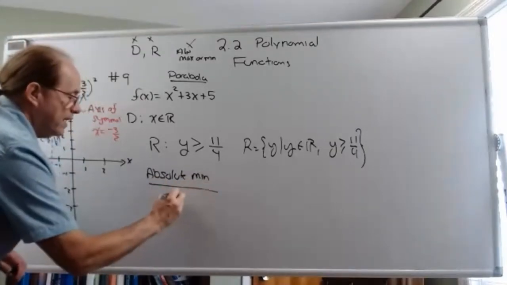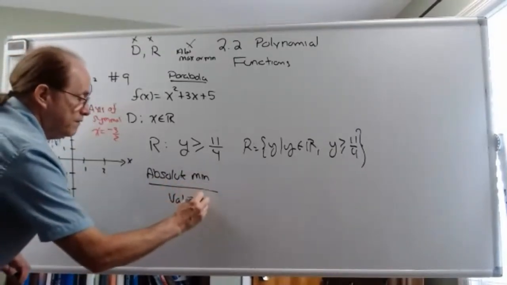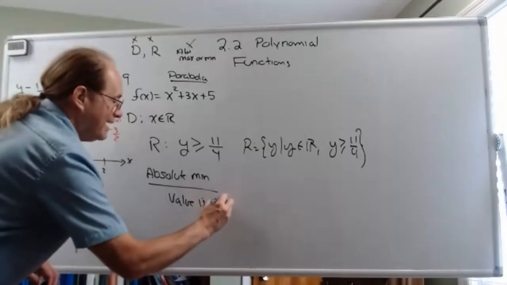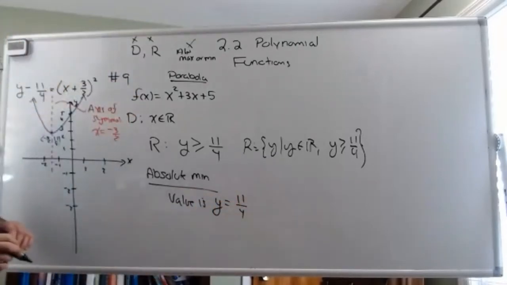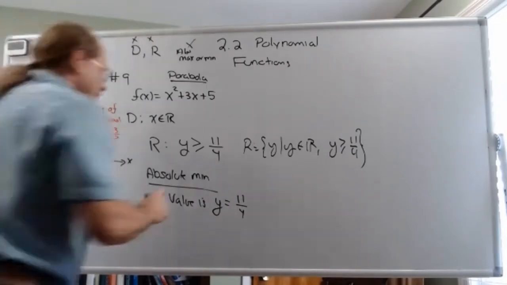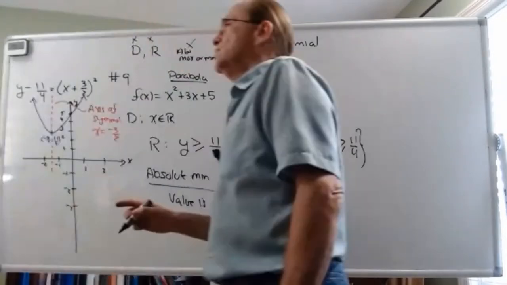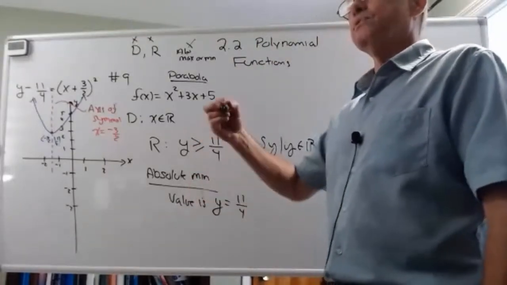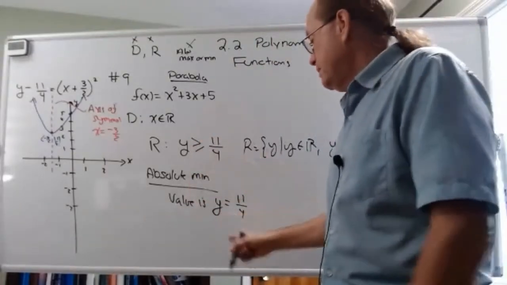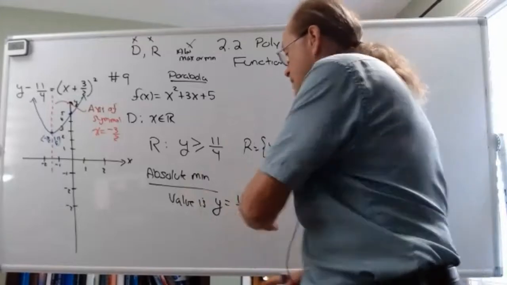And the value of that minimum is y equals 11/4. Now, that's why sometimes students get confused, because they use the x coordinate and someone says, what is the absolute minimum value? The absolute minimum value is the y value.